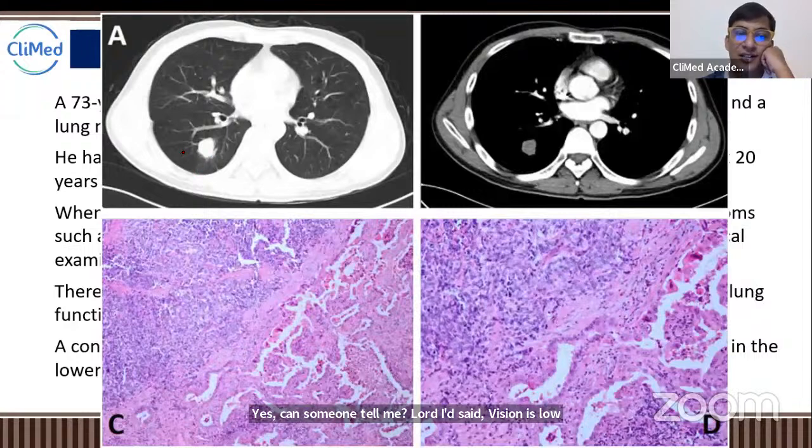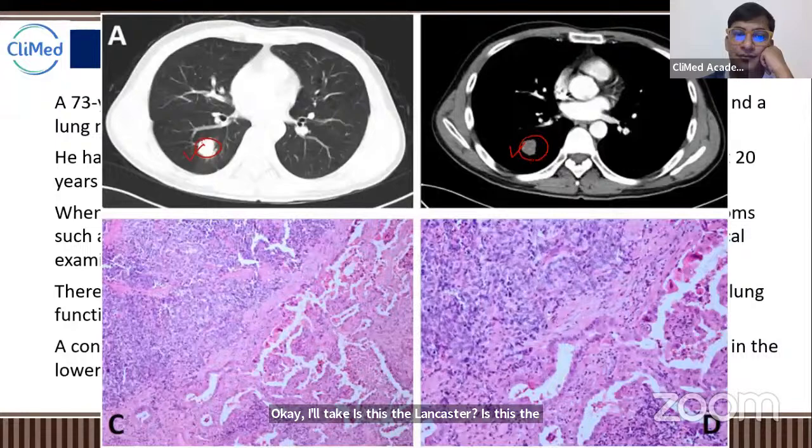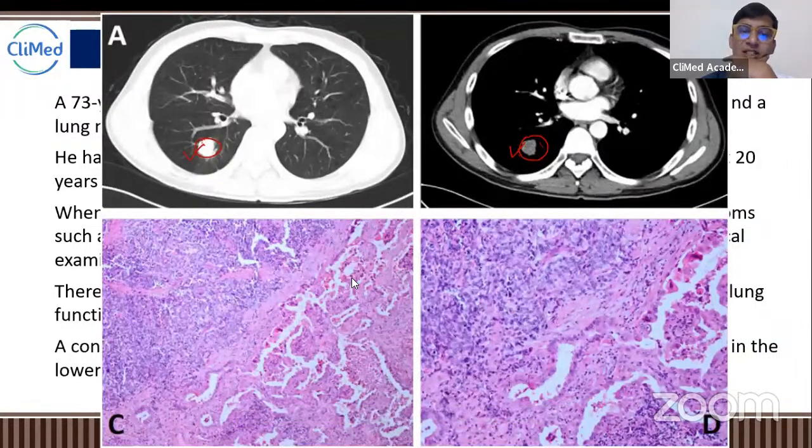Is this the lung cancer? Can you guys tell me? Yes, it's a nodule.